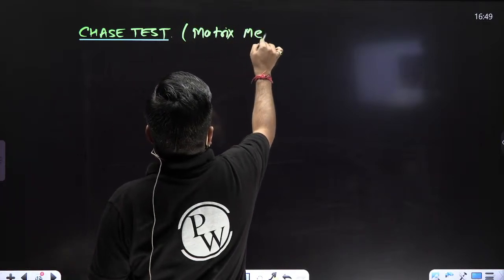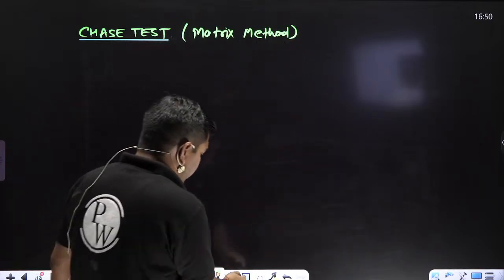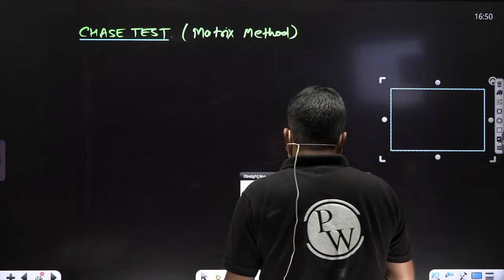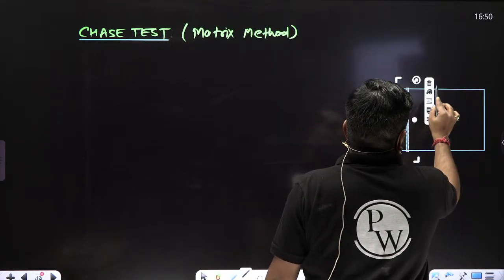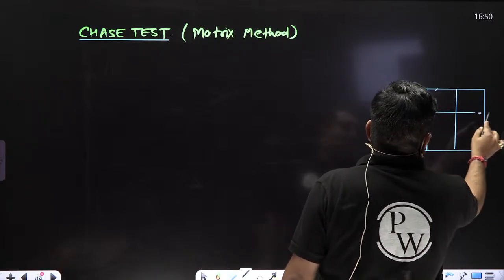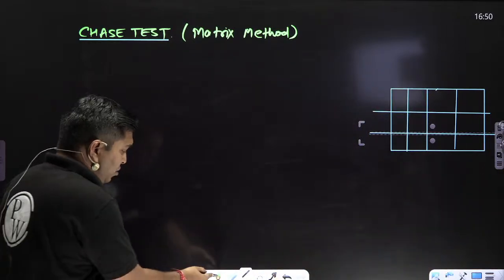What we do, my dear, please try to understand. Here we make a column and rows.